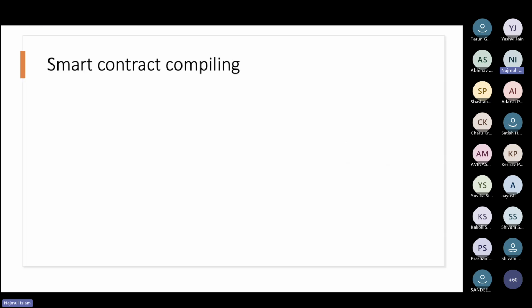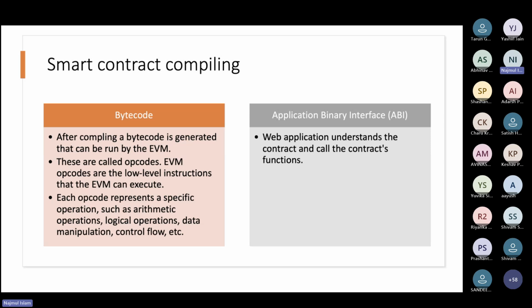So let's assume that we wrote the code or smart contracts in Solidity. And then the question is, how do we compile? Or where do we compile? And what happens after compiling? Somebody mentioned bytecode when I was asking about EVM.